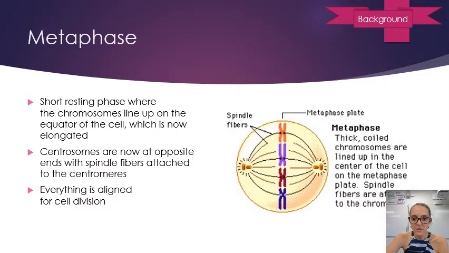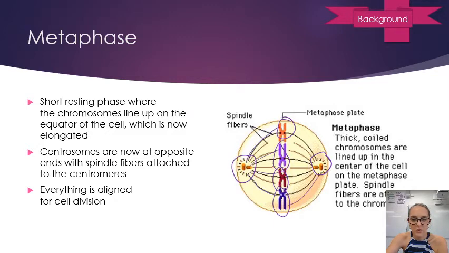In metaphase, you've got the nuclear membrane completely gone, and you've got these condensed chromosomes aligning at the equator of the cell. Sometimes you'll hear this called the metaphase plate. We can see our centrioles have moved to the two ends of the cell, and they have projected microtubules out to form the spindle.